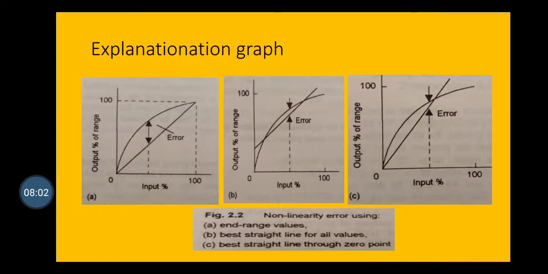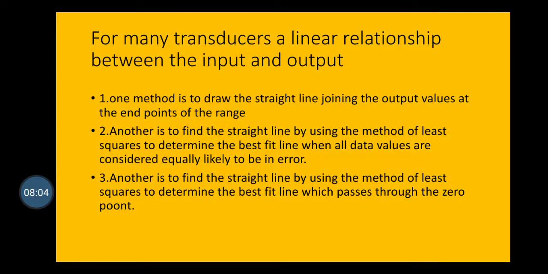First graph, end range values. One method is to draw the straight line joining the output values at the end points of the range. Second graph, another is to find the straight line by using the method of least squares to determine the best fit line when all data values are considered equally likely to be in error.